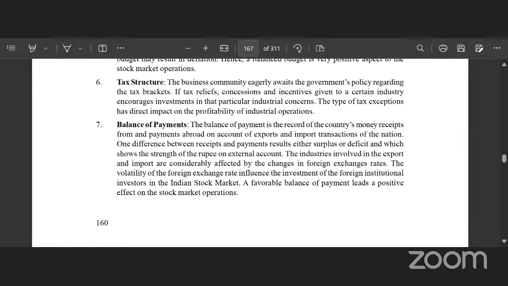The country's exports and imports lead to the balance of payments. When you export, you receive money, and when you import, you have to pay the money. So the balance of payments records the country's receipts for exports and payments for imports.